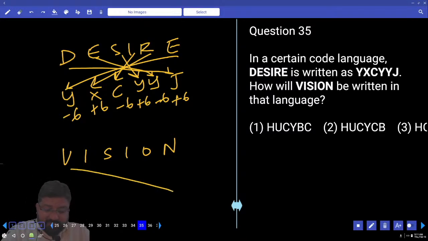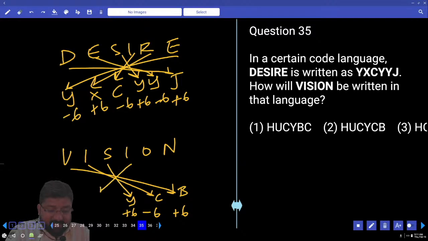Now V, how much is V? 22 +6 enta? Chapalama. 28. 28 ante entidi? B. 9 -6 C. 19 +6 Y. I -6 C. 15 +6 21.